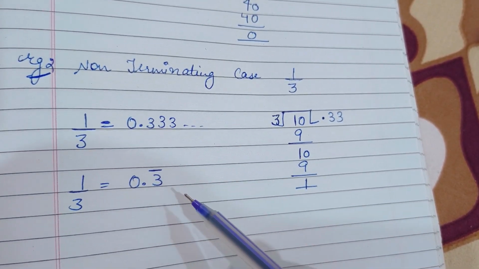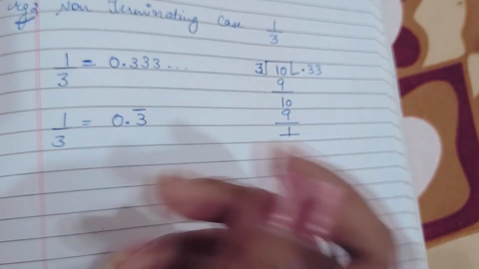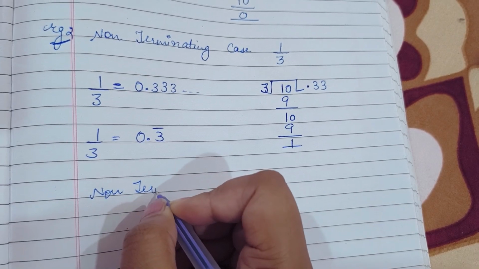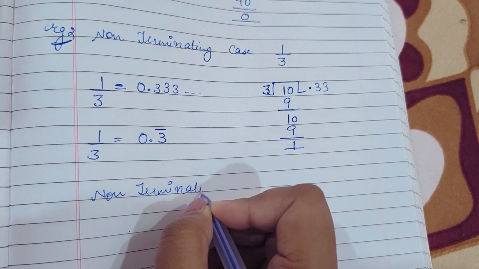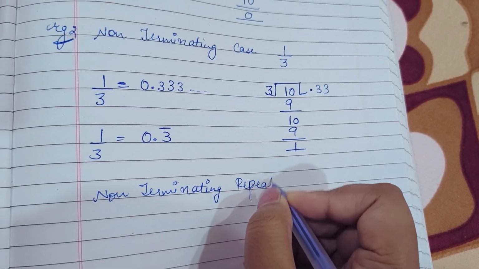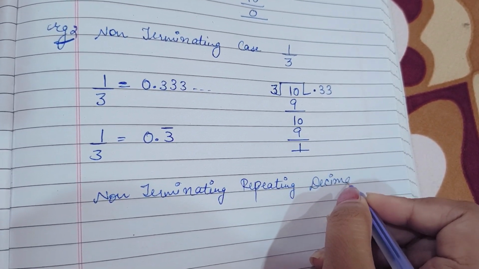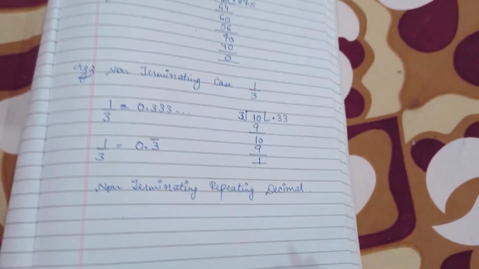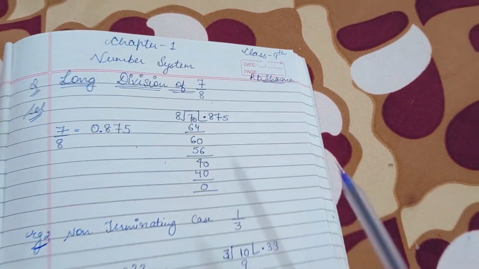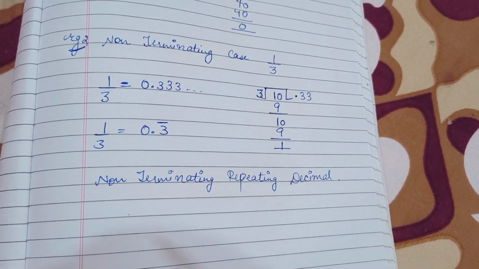This is a non-terminating repeating decimal. This is your terminating decimal case and this is your non-terminating repeating decimal.